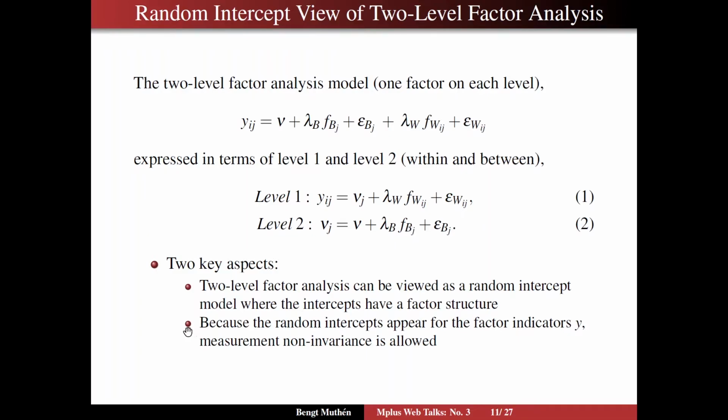Now, because the random intercepts appear for the factor indicators in this equation, we allow for a certain form of measurement non-invariance. That is, y as a function of the factor differs for students in different schools j.